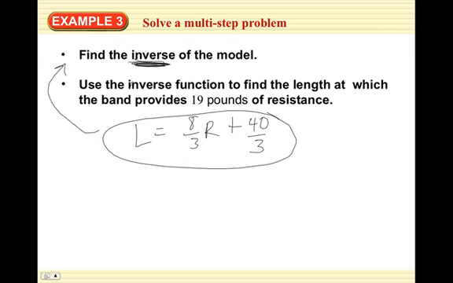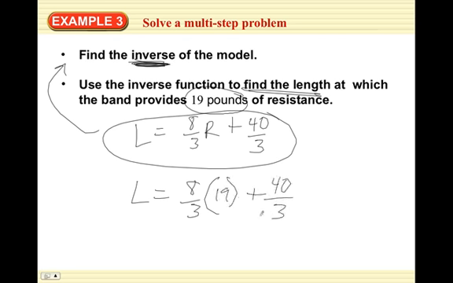Part 2, use this to find the length. If the length was on this side, it'd be harder to find. It's easy now. Find the length when you have 19 pounds of resistance. It's telling you R, so all you have to do is plug in R. L equals 8/3 times 19 plus 40/3.